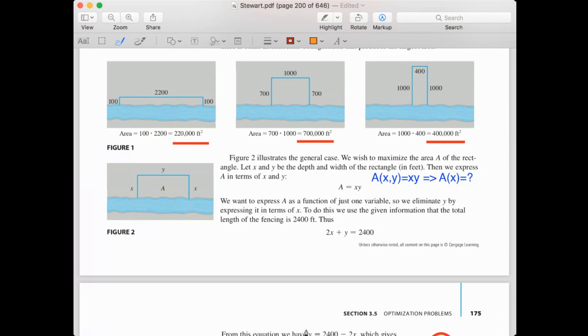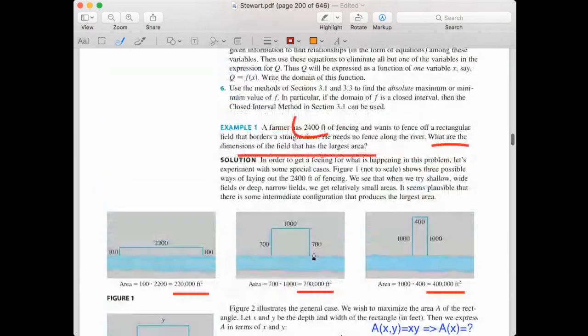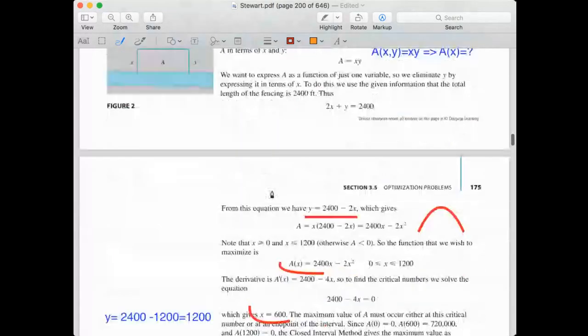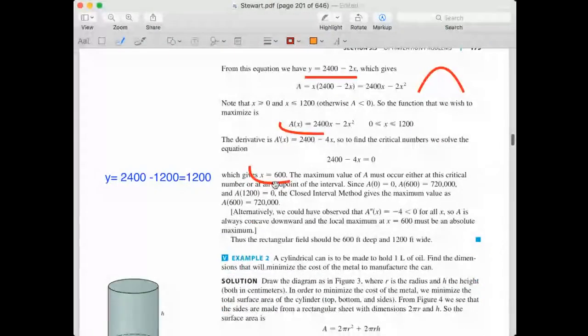The question is asking for the dimensions. What are the dimensions? It means what is the width, what is the length? So here is our answer. Width 600, length 1,200 will give us the largest area. That's it for this example. So the rectangular field should be 600 feet deep and 1,200 feet wide.